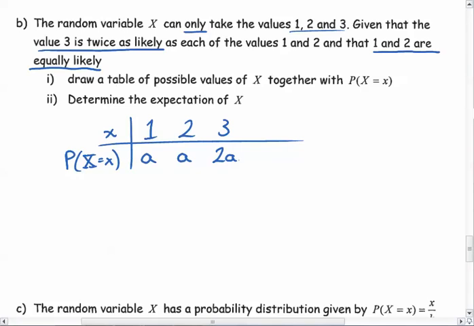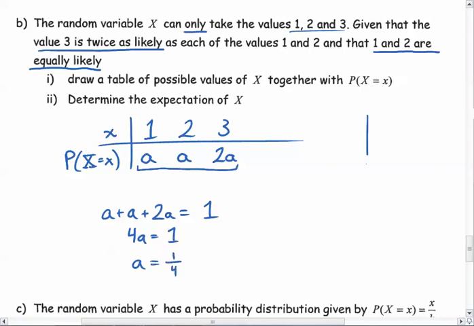Now because I know that I have the whole space, this is a probability distribution, all the probabilities should add up to 1, because that's 100%. So 4A equals 1, so A is 1/4.